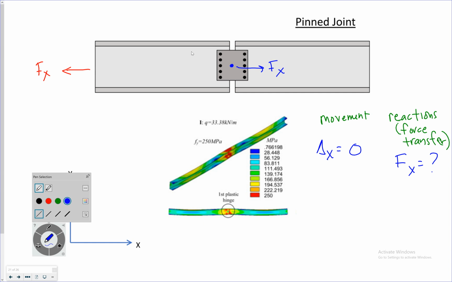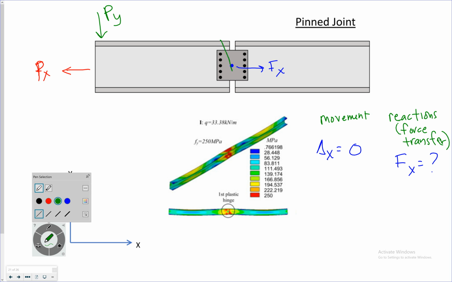Let's say I apply a vertical force. I should have called that P. Let's say I apply a vertical force at both of them, or even at one, right?